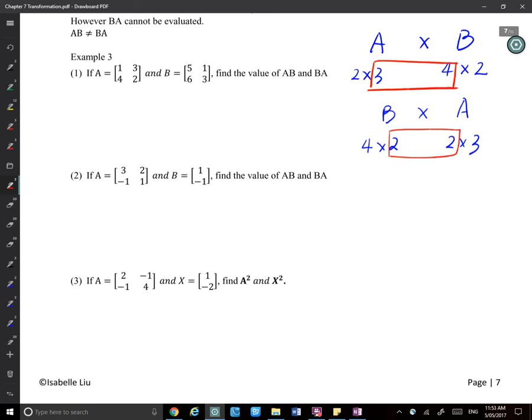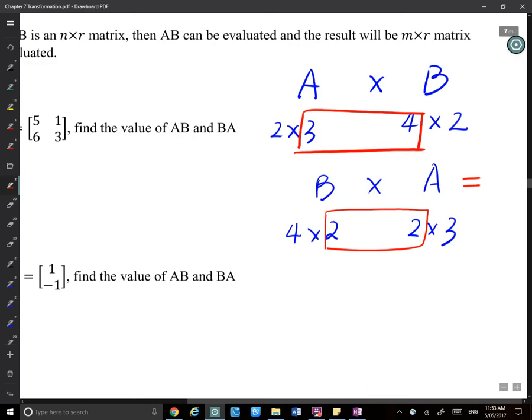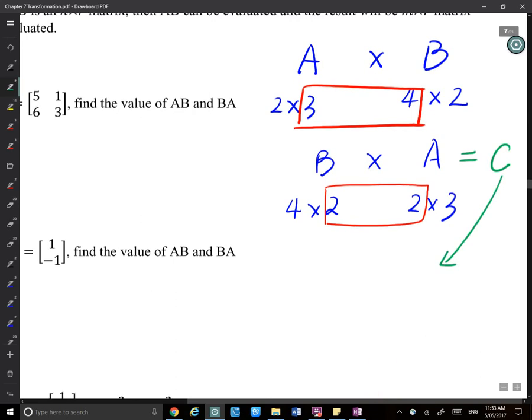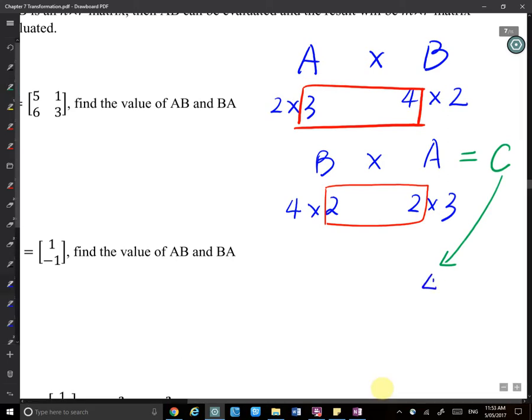Now say I have B times A, I have a matrix C as the result. So I can predict the dimension for matrix C. Do you know that? Yes, 4 times 3.